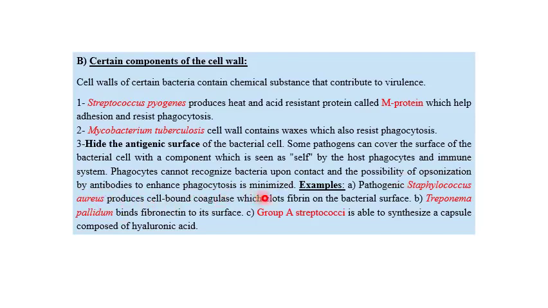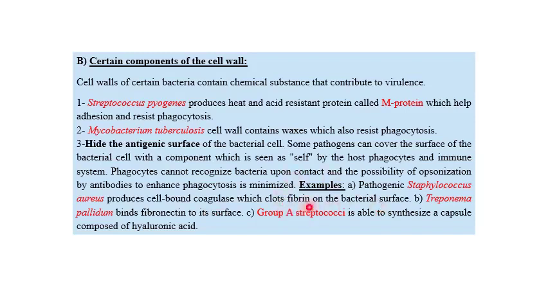طب ايه الexample للكلام ده؟ عندنا 3 examples. Pathogenic Staphylococcus aureus produces an enzyme called coagulase enzyme. This enzyme clots الfibrin on the bacterial surface.